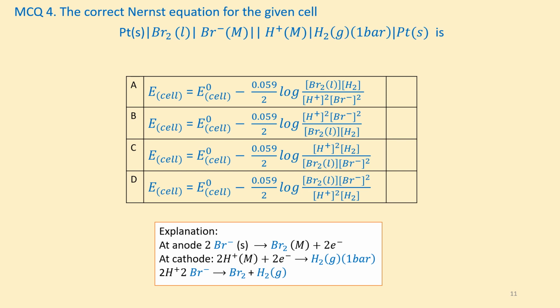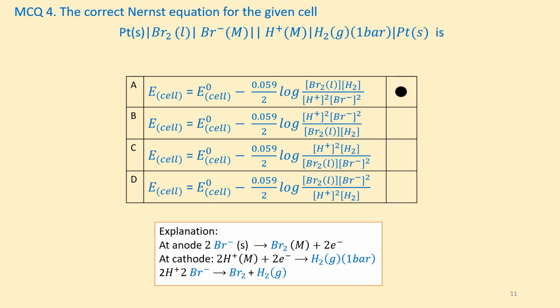This cell reaction can be written as a chemical reaction: at the anode, 2Br- gets oxidized and emits 2 electrons, so it becomes Br2 plus 2e-.